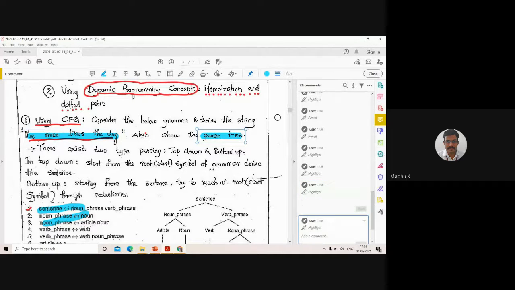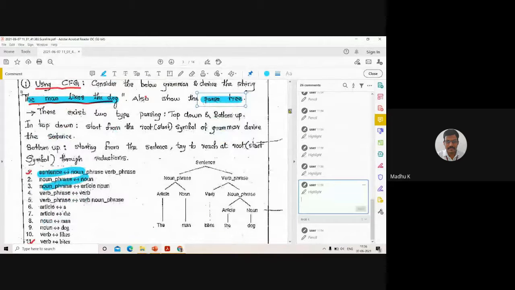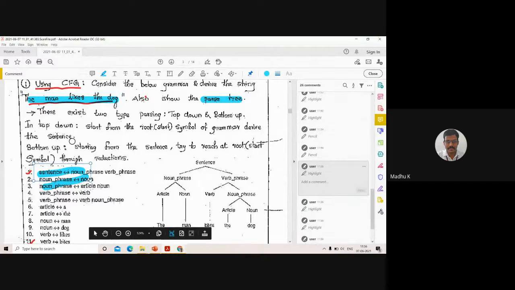In compiler design, we studied how to create a parse tree. We want to apply the same method here: there is a string and a set of grammar rules, and we want to create a parse tree from it.